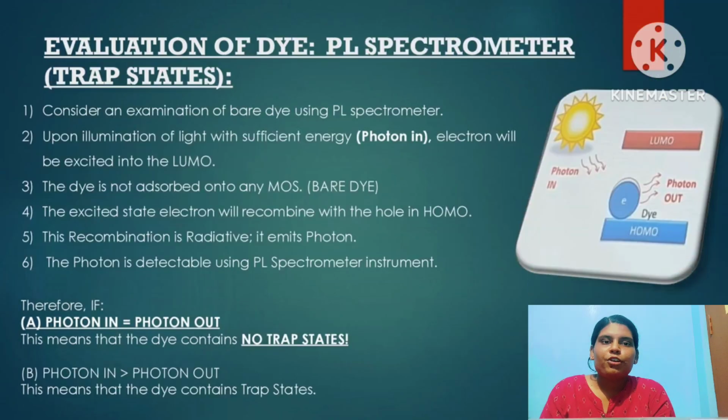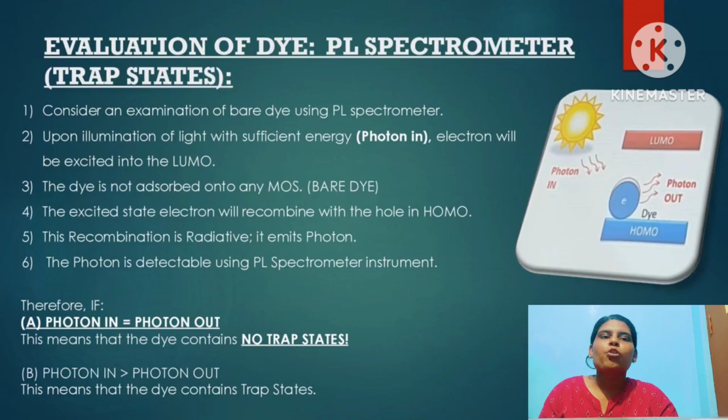So the third aspect we're going to discuss is the trap states. We are going to use an instrument named a photoluminescence spectrometer, in which we subject a bare dye to photon radiation. Once the photon is injected into the dye, the electrons present in the dye get excited to the LUMO level. As it is a bare dye which is not attached to any semiconductor layer, after some time the electrons in the LUMO will combine with the hole in the HOMO.